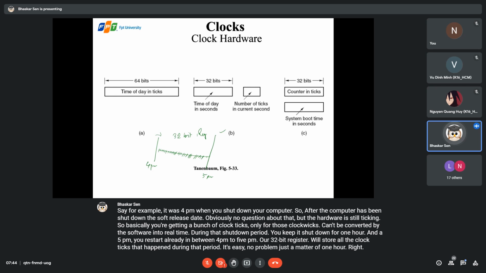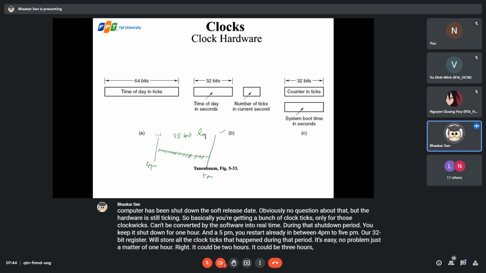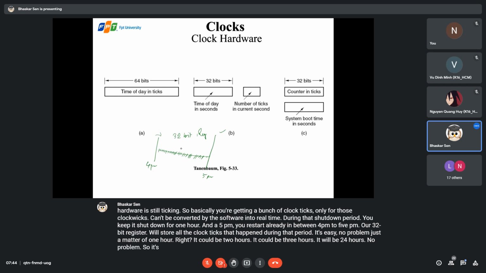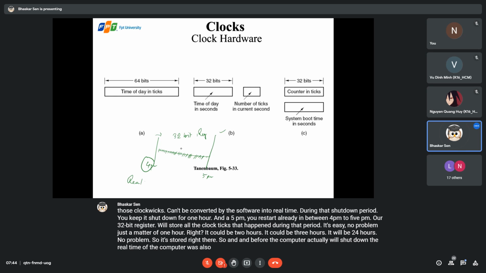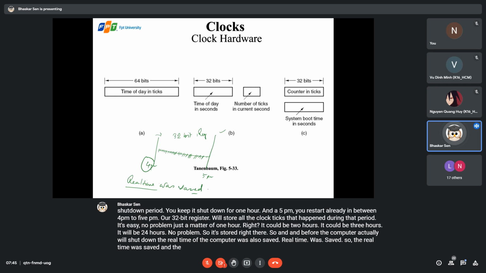It could be 2 hours, it could be 3 hours, it could be 24 hours, no problem. So it's stored right there. And before the computer actually was shut down, the real time of the computer was also saved.